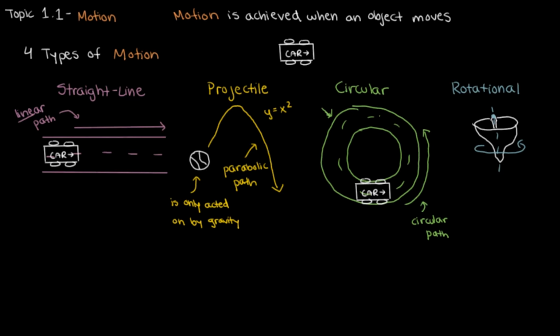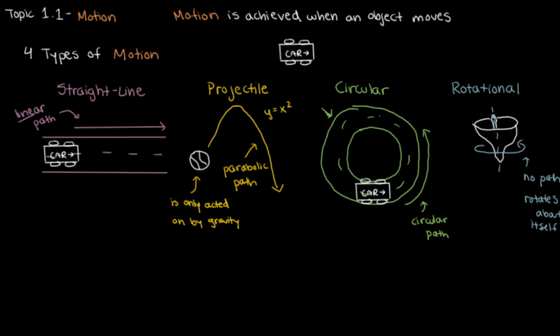One of the main parts of rotational motion that makes it different from straight line, projectile, and circular motion is that this object does not have a path, but it just rotates about itself. So we can have a top that's not physically moving, right? This car is physically traveling in a straight line.